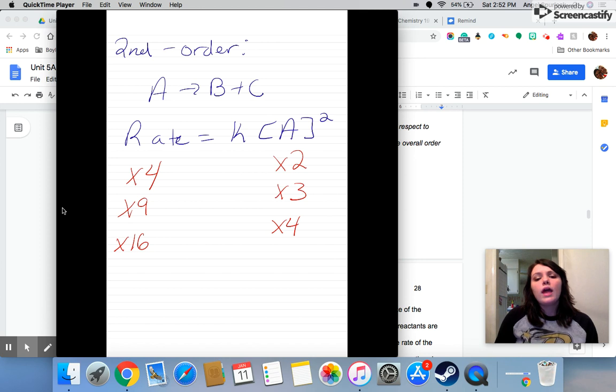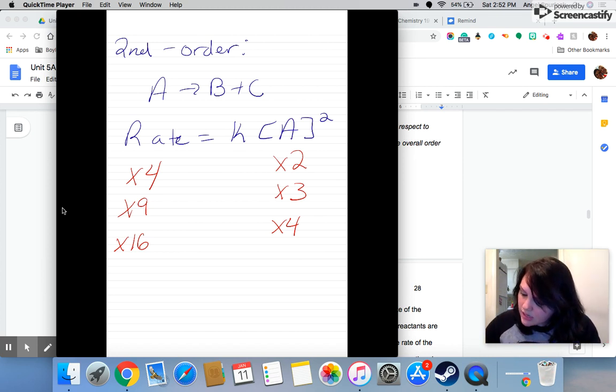And so, however we change the concentration of A, that value is going to get squared, and that's how our rate will change. That's how I have to say that in order for it to make sense to me. You can come up with however you need to think about it for it to make sense to you.